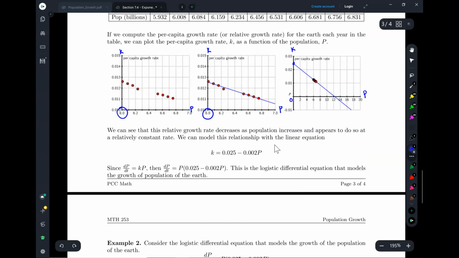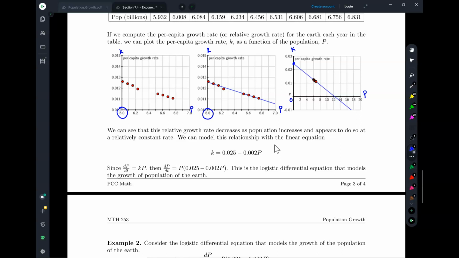So with this relationship between K and P in mind, we can modify that exponential growth equation and take it from being dP/dt equals Kp, where we just have a constant relative growth rate, to now having a variable relative growth rate that is based on actual data that we found for the Earth's population.